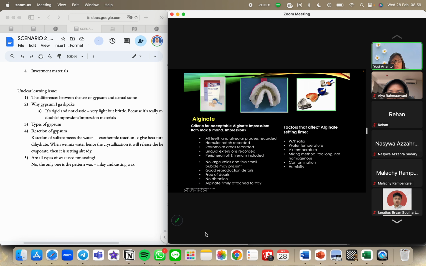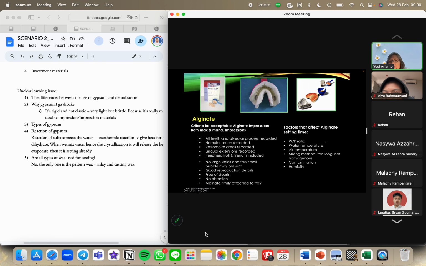This one reproduced the vestibulum very nicely, and this one, the lingual wing in the lower jaw. This is the frenulum. It is also recorded.